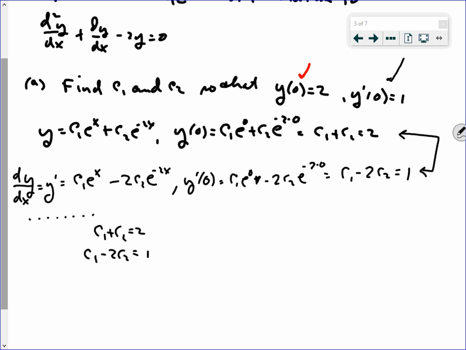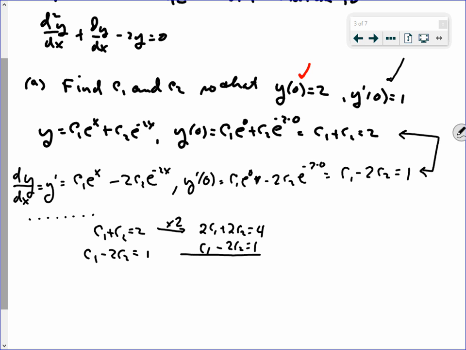You can substitute, or you can multiply the top by 2, and then add that to the bottom.